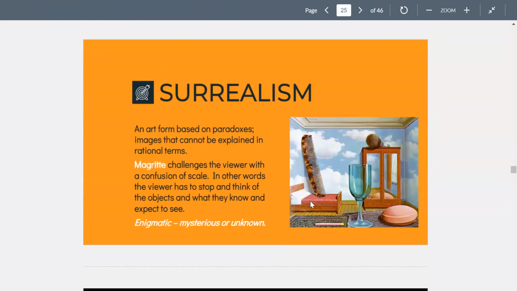See here the scale of the comb and the bed, to get your emphasis and your focal point onto this one. But here a lot of things have different scales. Your eyes will go here, there, and so that's why I said when you are changing your scales, please make sure to get the focus into that area if you want to get the viewer's focus.